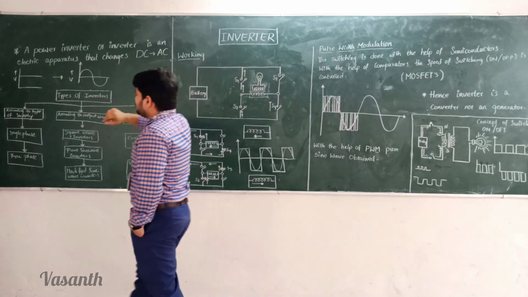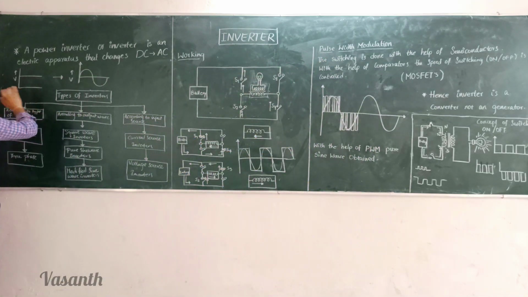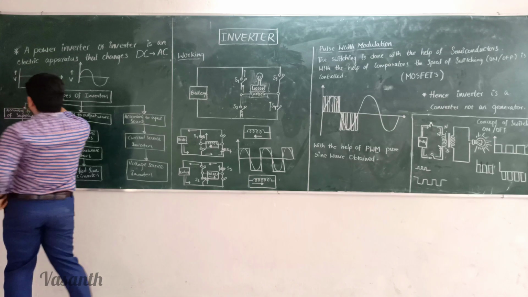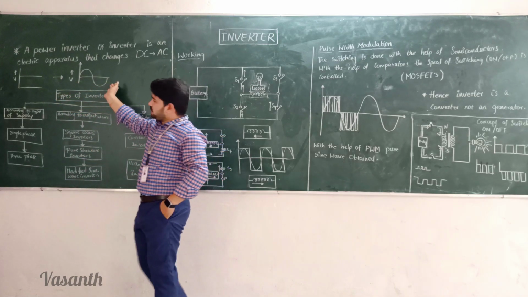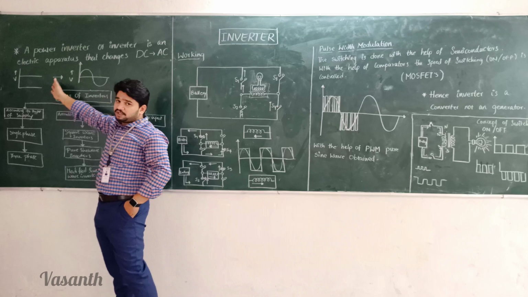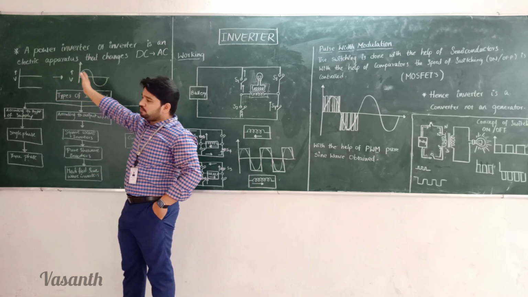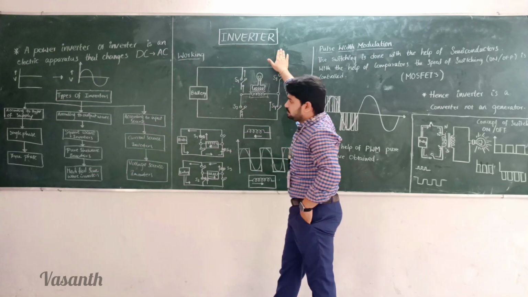That means, if you observe this graph, this is the graph of direct current, that is DC current. So this is the graph of DC current and this is the graph of AC current. So this DC current is converted into AC with the help of an inverter.